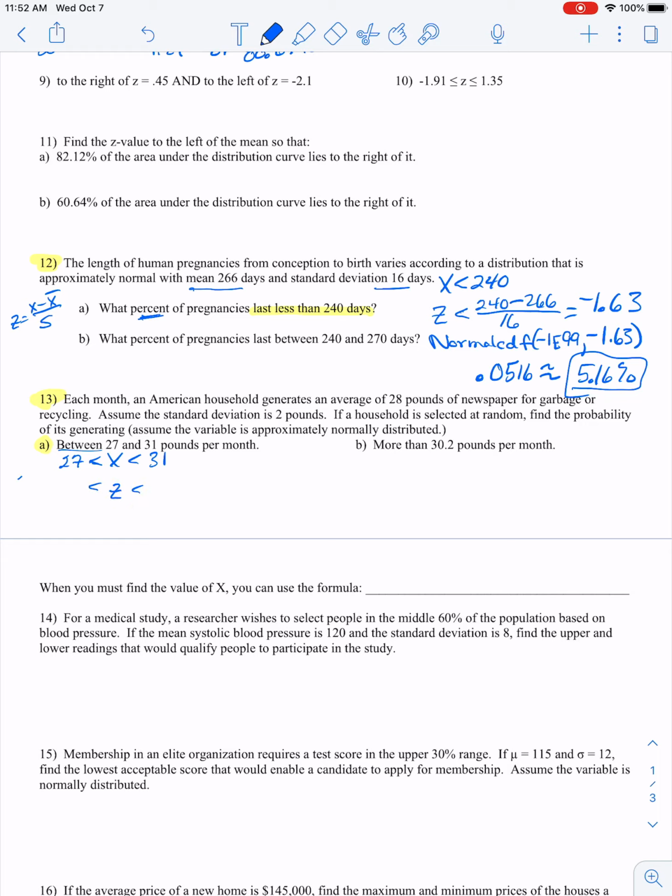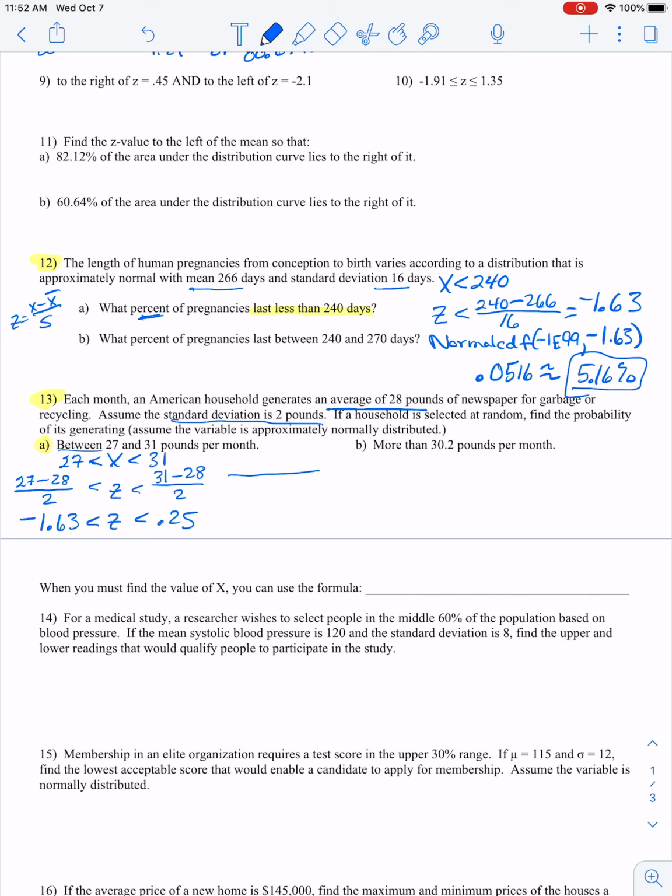So we're going to do 27 minus the mean in this question, which is 28, divided by the standard deviation of 2. The other side, converting as well, 31 minus 28 divided by 2. So we're looking at negative 1.63 is less than z, less than 0.25.